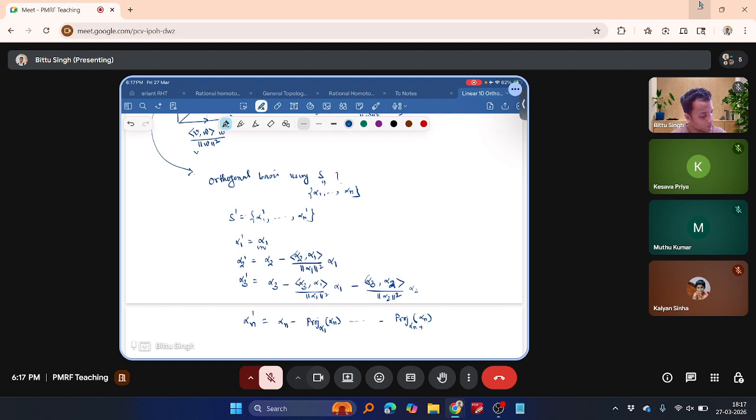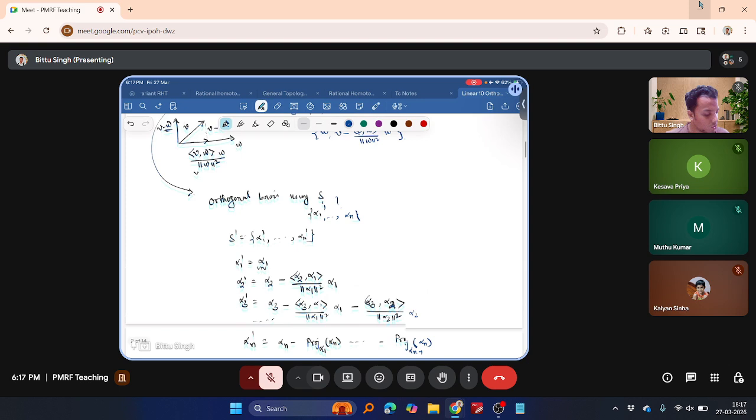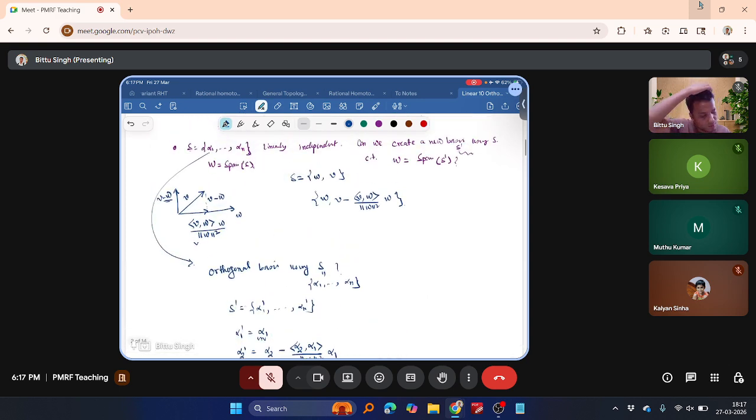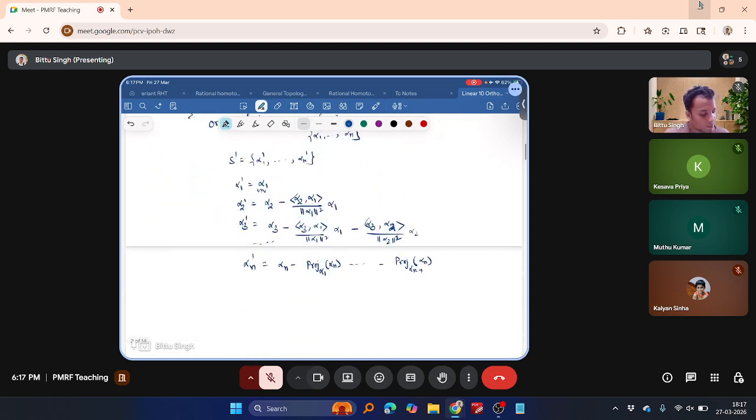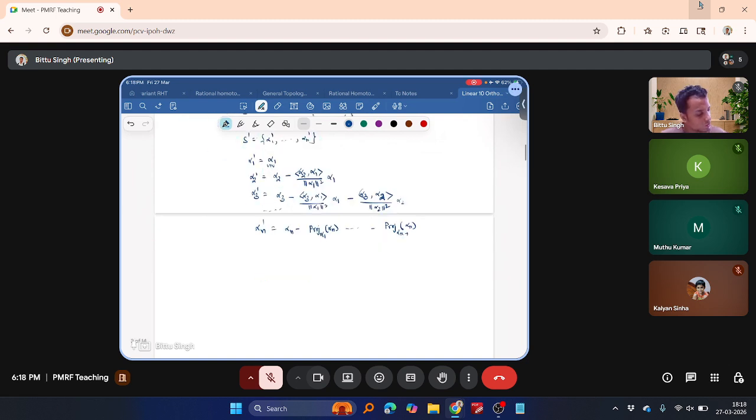So there are n minus 1 many terms. The same formula will work; just extend this up to n minus 1. This is how you can do orthogonalization of a basis. Now, what about orthonormalization?